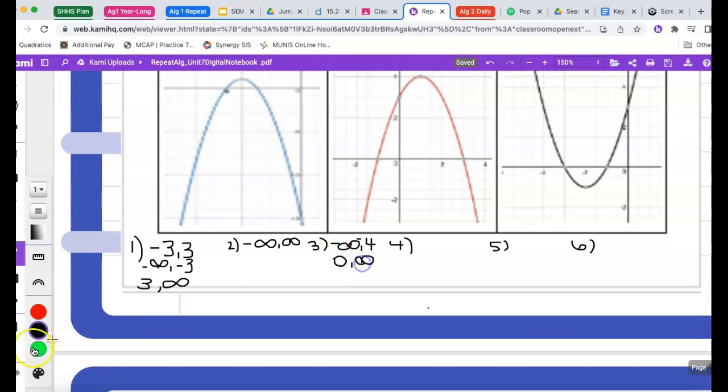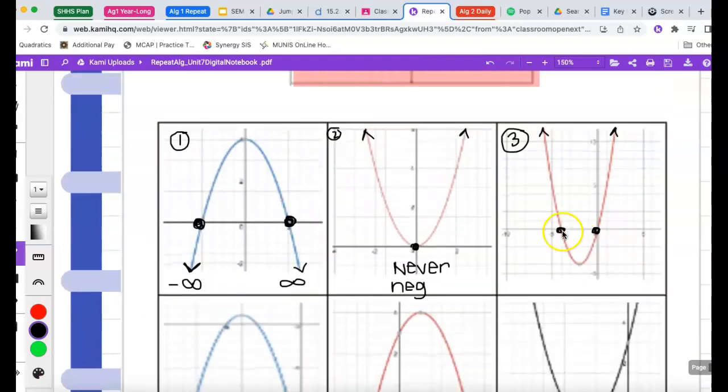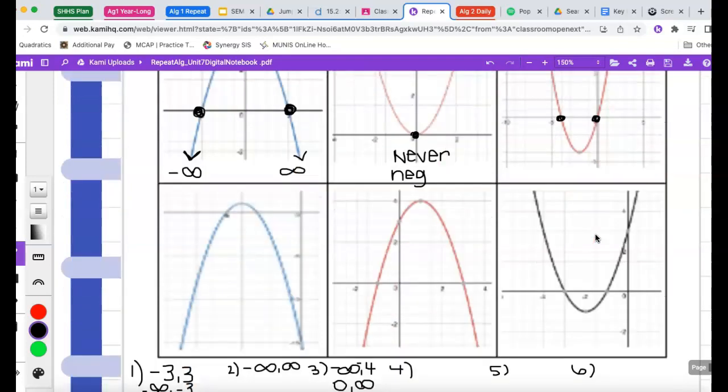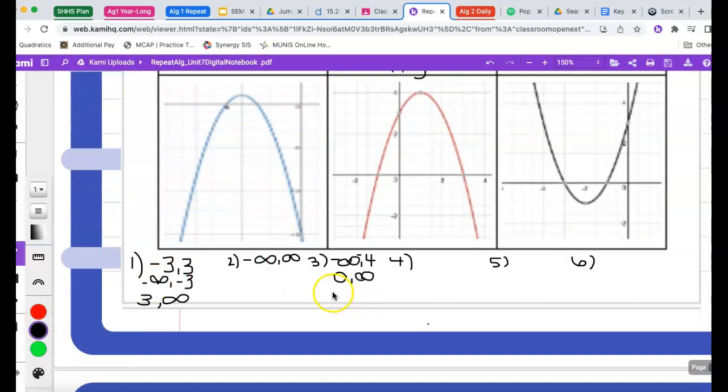Those are my two positive intervals. It's below the x-axis from here all the way over to here. So from -4 to 0 is where it's negative. From -4 to 0 is our negative interval.